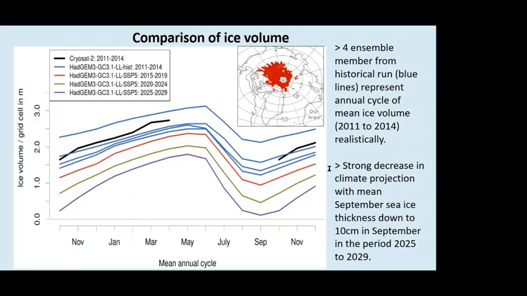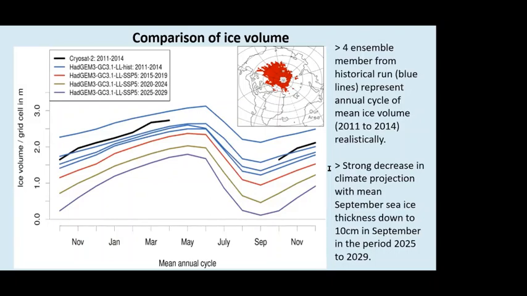We see the annual cycle for this 4-year period, from the thickest ice in May between 2 and 3 meters, and the thinnest obviously in September. And the annual cycle of the mean ice thickness from the 4 blue lines is really in good agreement with the observations.